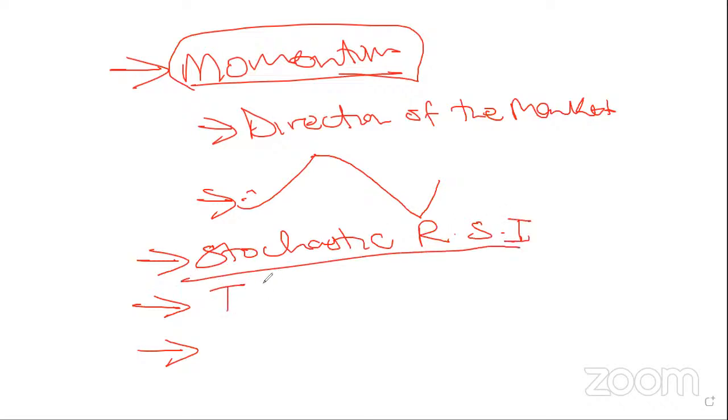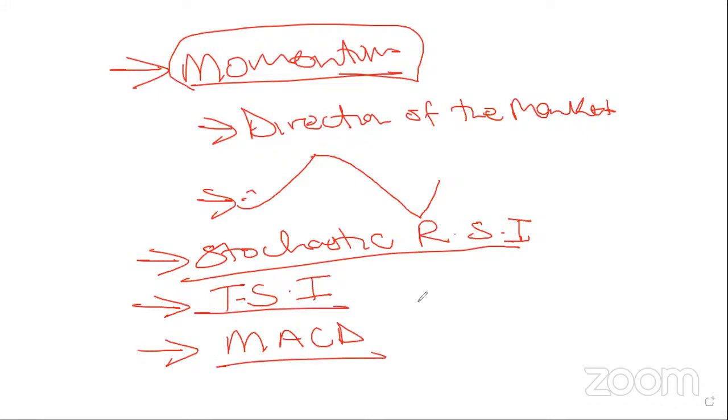We have the TSI. We are going to discuss all this, and also I will use this indicator called the MACD. There are others, but these really give out what we might be looking for, and we are going to discuss this today, and maybe if next week allows, we shall go into the TSI and also talk about it.